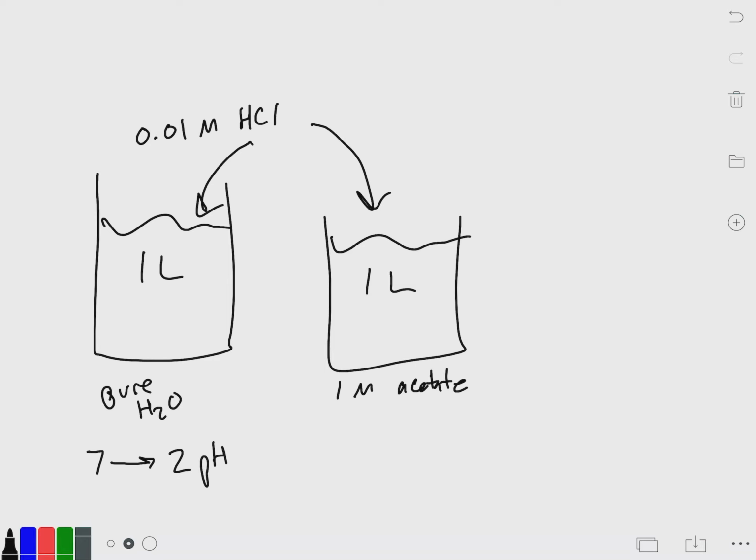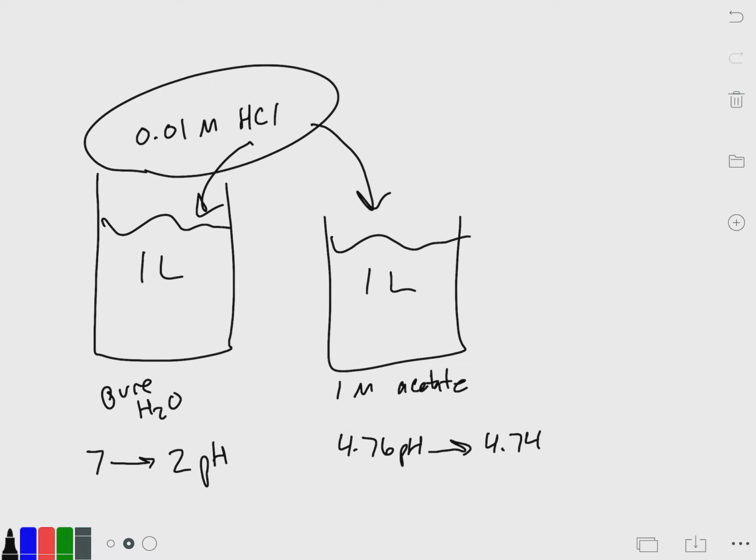Now, in contrast to that, if we do the same calculation, we're going to see 4.76 pH dropping to about 4.74. So buffered versus unbuffered gives us a very big protection, right? Having a buffer in there for just a small amount of HCl is going to make a significant difference.